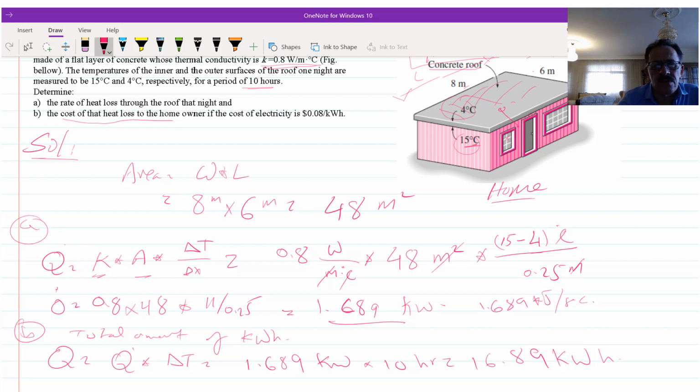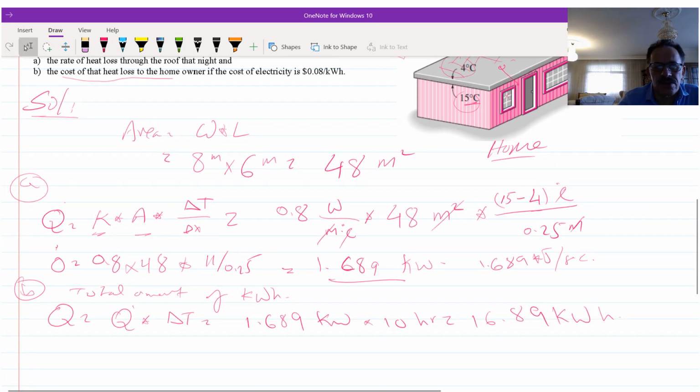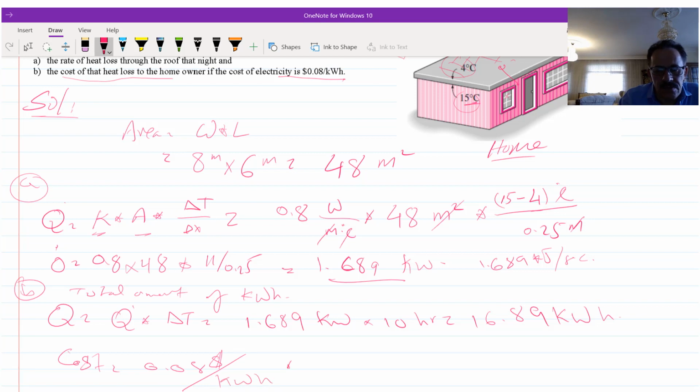Now how much does 1 kilowatt hour cost? It will cost 0.08 dollars per kilowatt hour. This house is heated by electricity, so the cost of the electricity is 0.08. So the total cost is equal to 0.08 dollars per kilowatt hour times the overall 16.89 kilowatt hours. The kilowatt hours will cancel out.